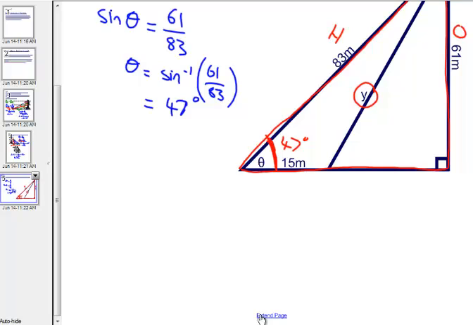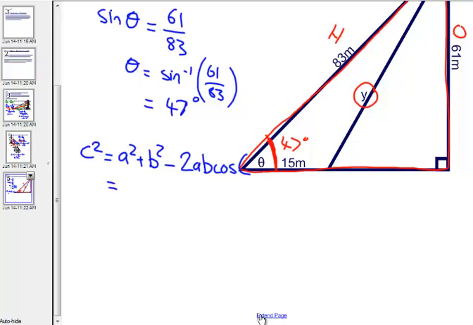Remembering back to our cos rule, it is c squared equals a squared plus b squared, so there's Pythagoras, but it's not a right angle triangle, which we need for Pythagoras to work. So that means we need to put in all this other stuff to make it account for the fact that it is not a right angle triangle.